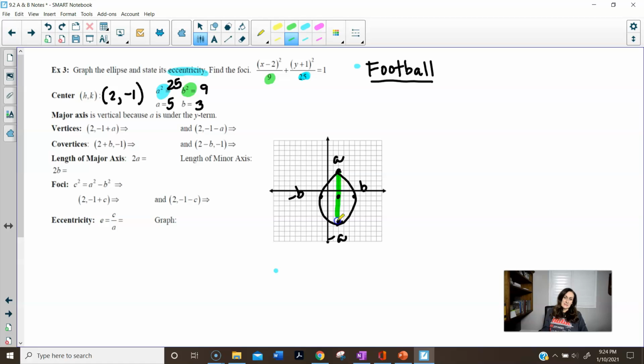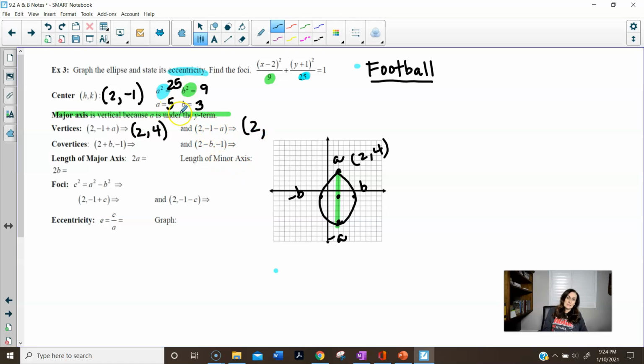And this is the major axis. All right, vertices. So if you wanted to write down what the vertices are, then you would take 2, and then you take -1 plus a. So -1 plus 5 is 4. So that point right there is right 2 and up 4. And then this point down here, you would take 2, and then you would take -1, subtract a.